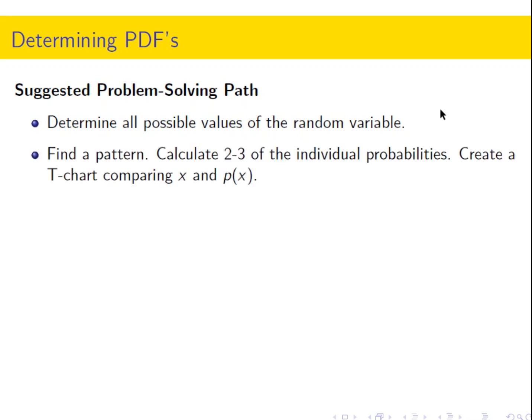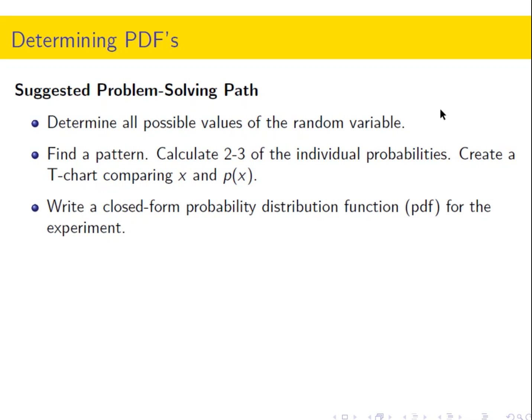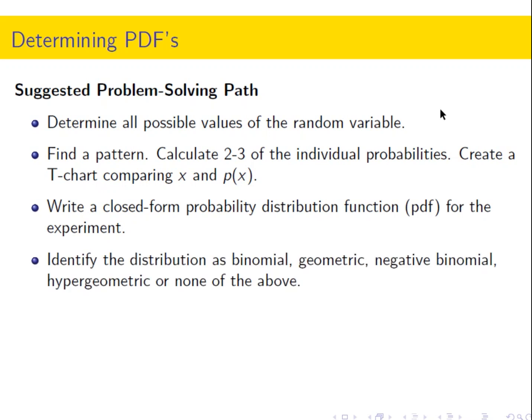Then we're going to create this t-chart looking for this pattern, and we're going to calculate a few of the probabilities, and if we can discover the pattern, then the probability density function should be easy to write. Then we write it in closed form, and then we're going to try to identify these as one of the four types. And the one we just did was geometric, right?